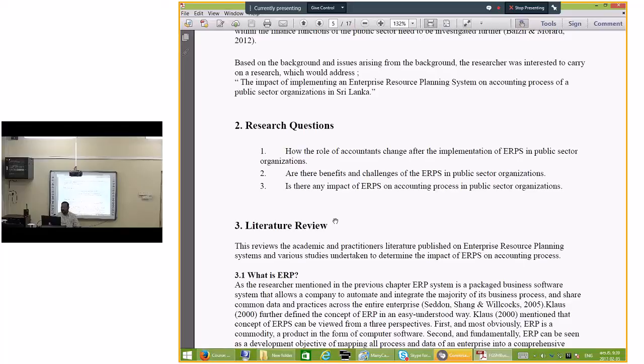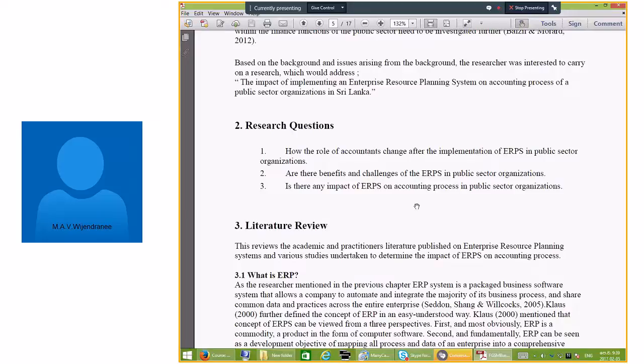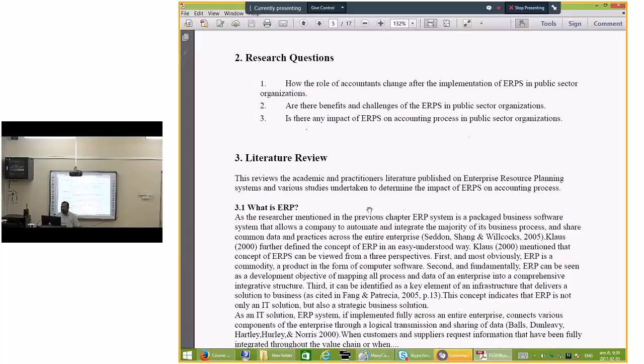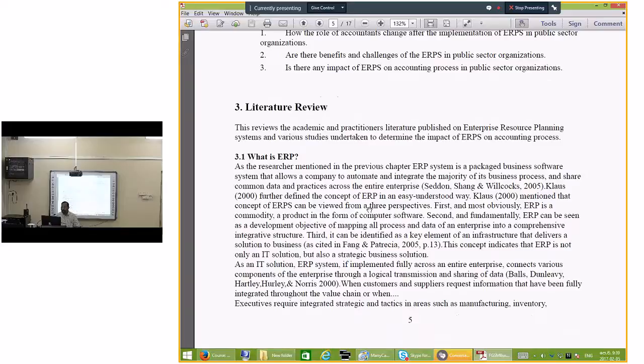Then the third one is the impact of the ERP process on the efficiency of the accounting process of Ceylon Petroleum Corporation.